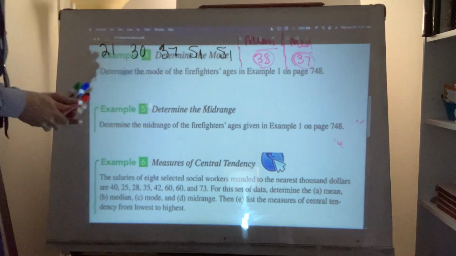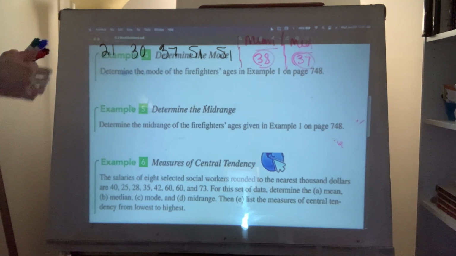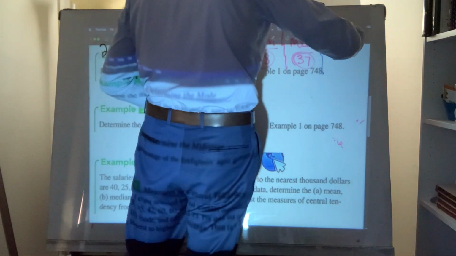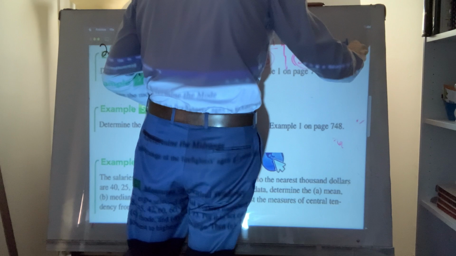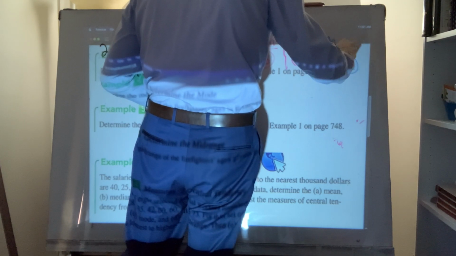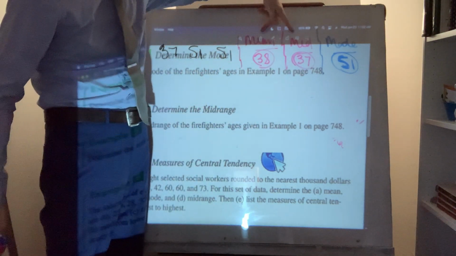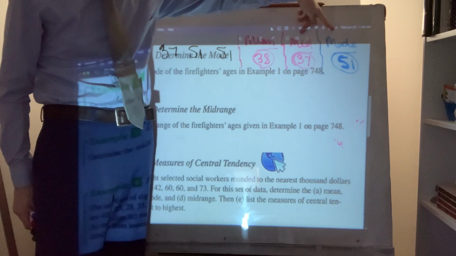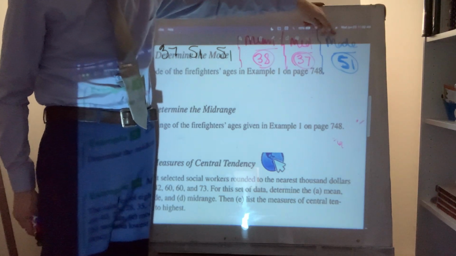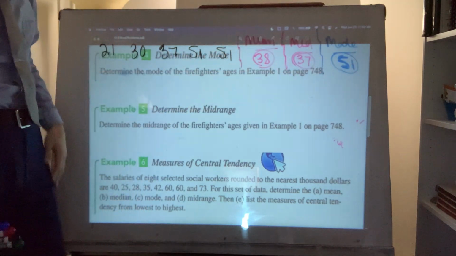Okay, now the mode would be the number that occurs the most often. So the mode would be 51. Once you have established more than one type of average, a mean in this case, a median, and a mode, you have some choices to choose from, right?